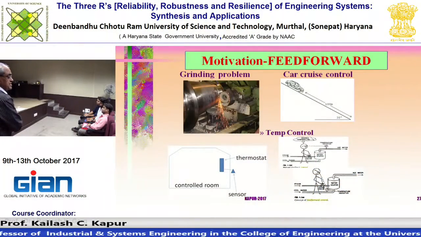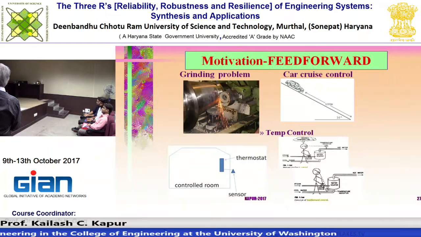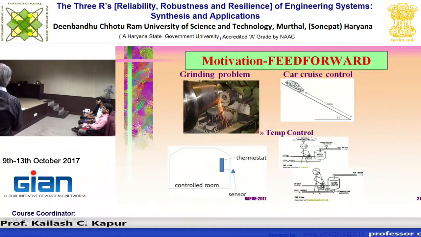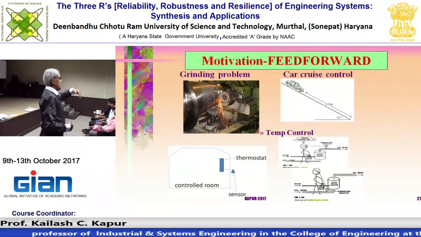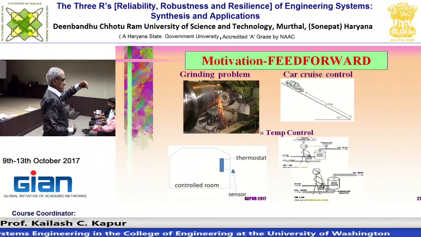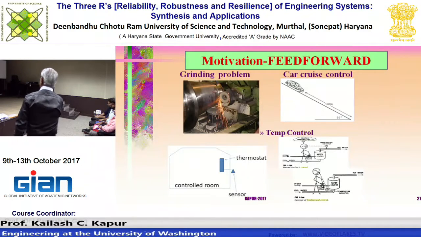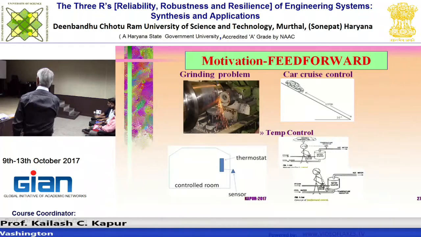Can you see this picture? So what do you think is happening here? Supposing somebody says, I want water at a certain temperature. And then somebody's eyes are on the outlet valve and the temperature.